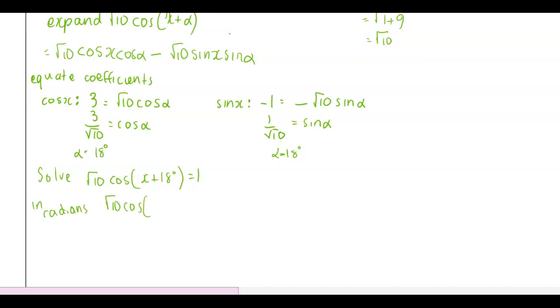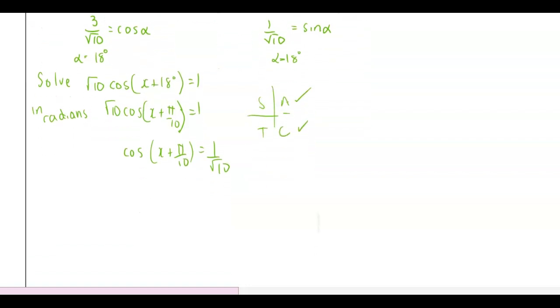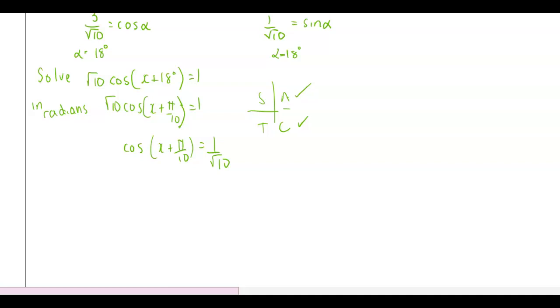So root 10 cos of x plus pi on 10 is equal to 1. Now we can solve it. So cos of x plus pi on 10 is 1 over root 10. Okay, and that's positive. So we're going to be in those two quadrants there. So what does that give us as an angle?